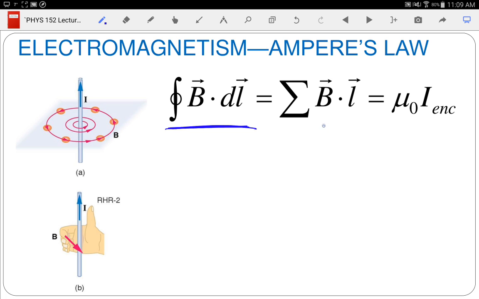So I can do my circulation real quick. The sum of the magnetic field times the length for that circle is equal to the strength of the magnetic field times the length of a circle. What do we call the length of a circle? Circumference, which is 2 pi r.